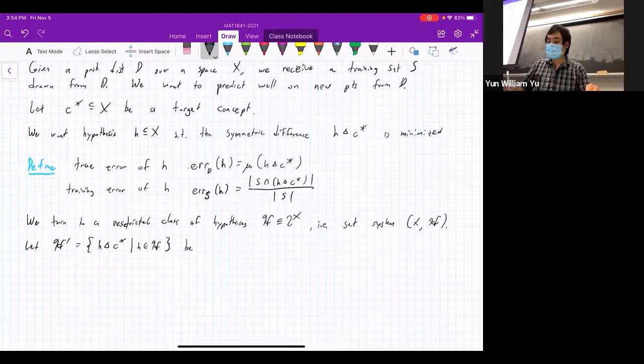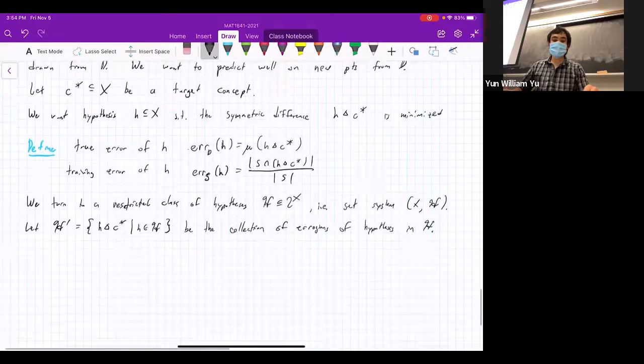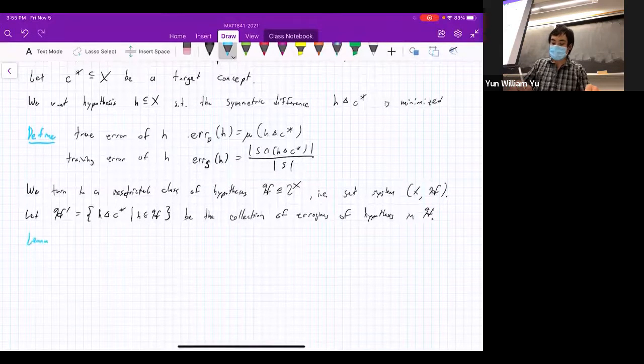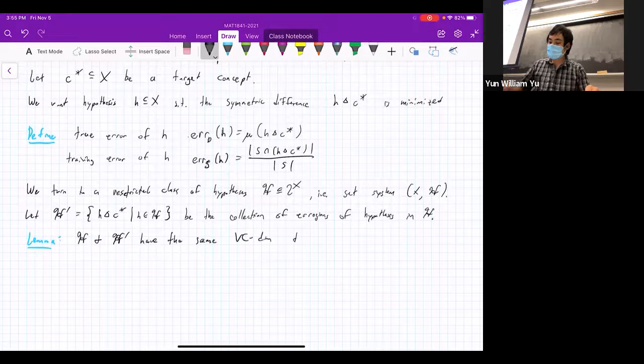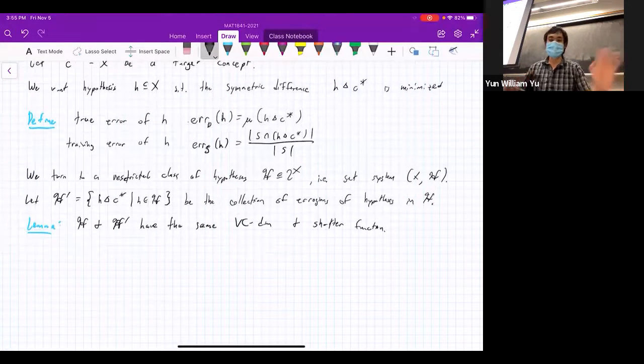This is going to be the collection of error regions of hypotheses in H. We're not going to prove this, but one lemma is that H and H prime have the same VC dimension and shatter function. This is an exercise for the reader. It's also in the previous version of my class notes and on this one.